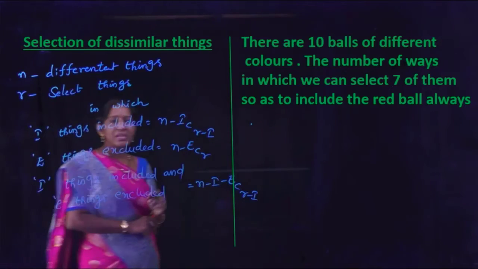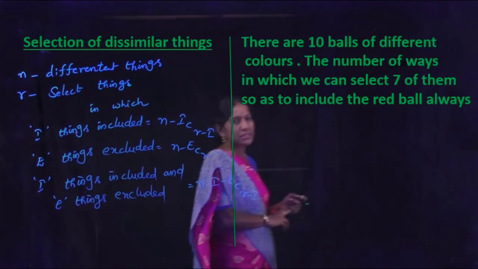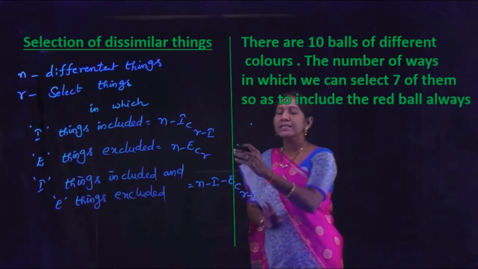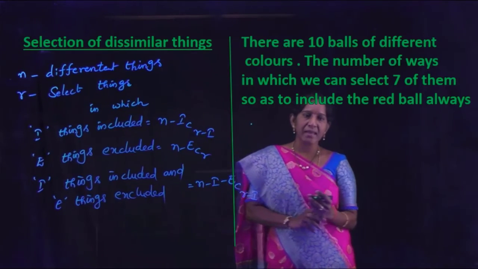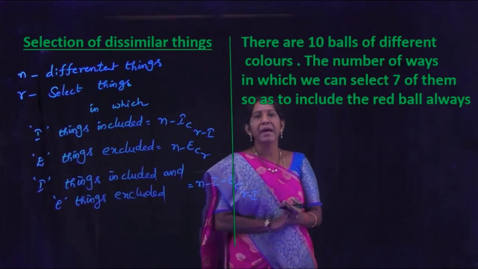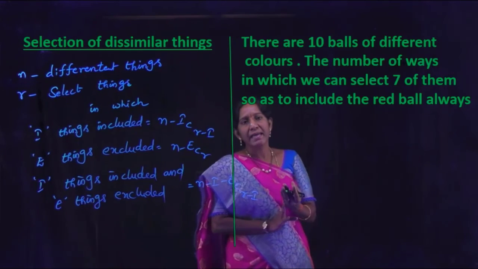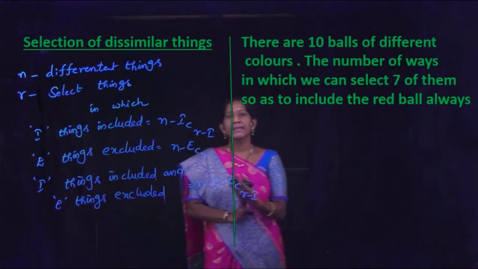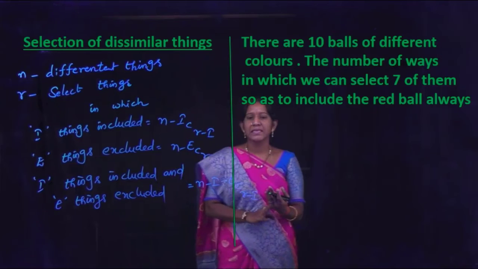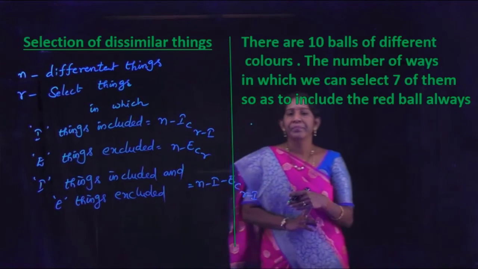Number of ways of selecting r things out of n dissimilar things in which i things included: (n minus i)C(r minus i). E things excluded: (n minus e)Cr. I things included and e things excluded is (n minus i minus e)C(r minus i).